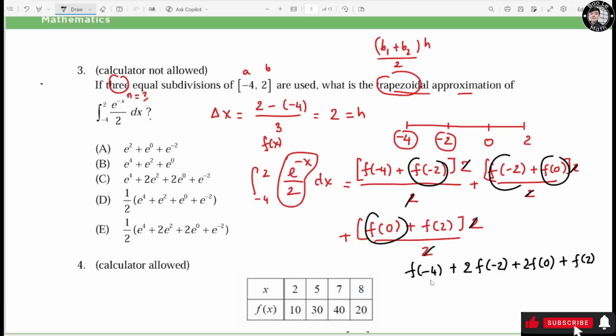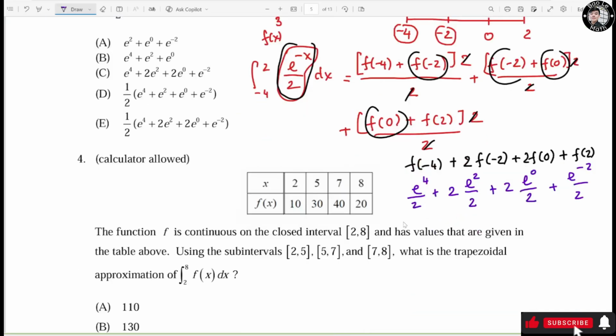Now f of -4, the function f of s is right here, so it could be e to the 4 divided by 2 plus 2 times e squared divided by 2, plus 2 times e to the 0 divided by 2 plus e to the -2 divided by 2. Now we just factor 1/2 out, so the answer must be E.